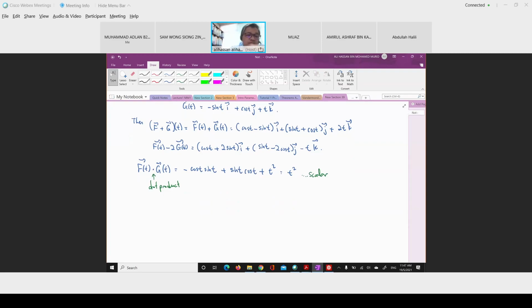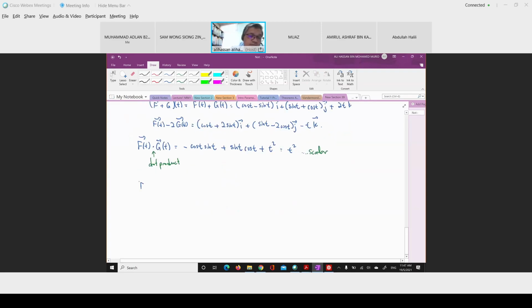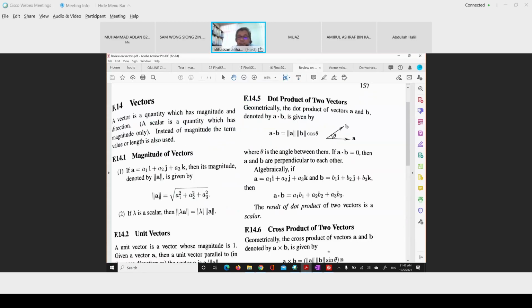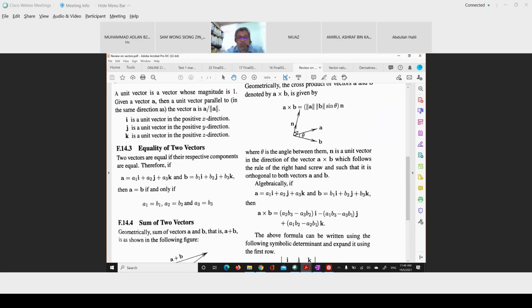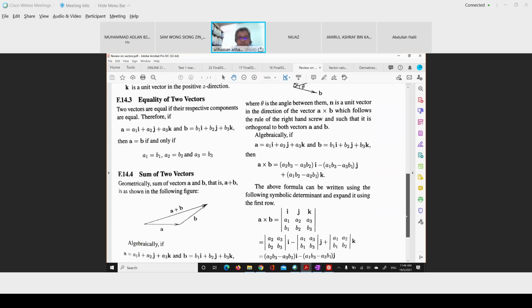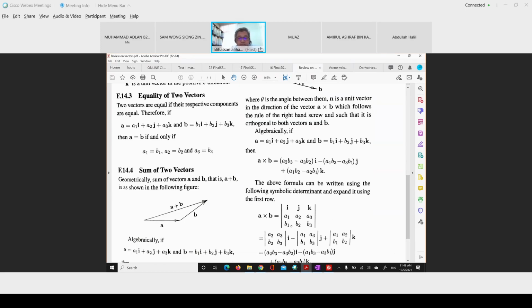Next we have the cross product. How do we determine the cross product of two vector functions? Recall the cross product of two vectors. If A and B are two vectors with respective components, then the cross product is equal to the determinant of a matrix. The first row is the unit vectors i, j, k.